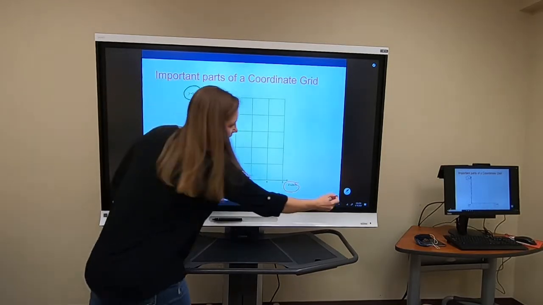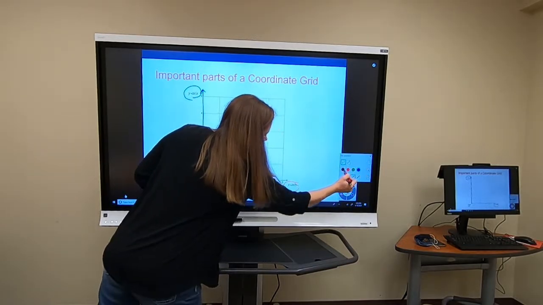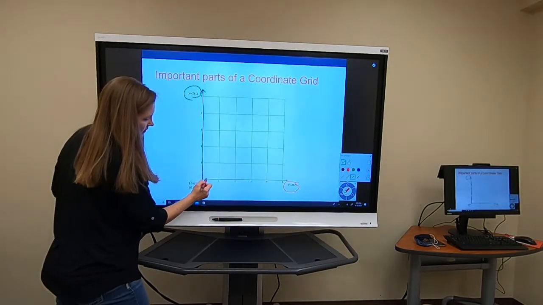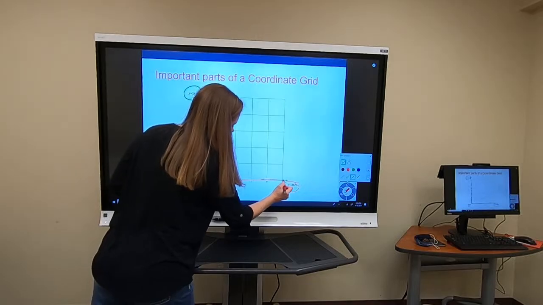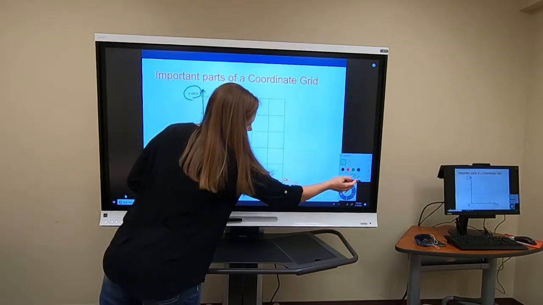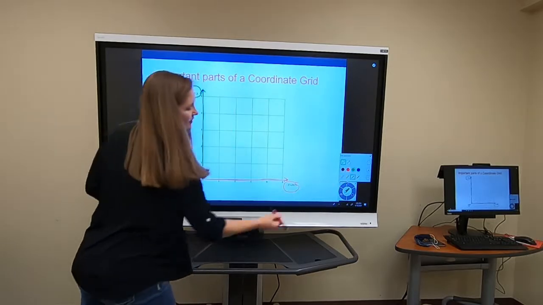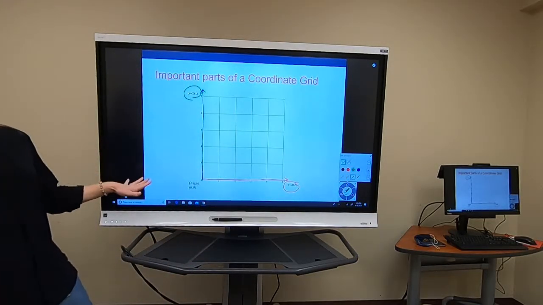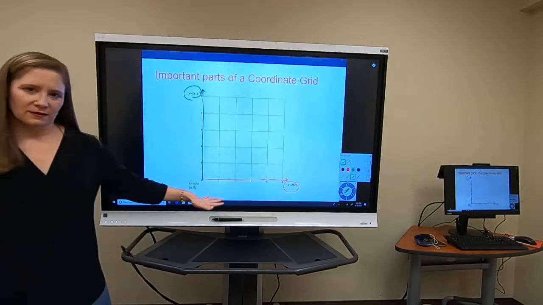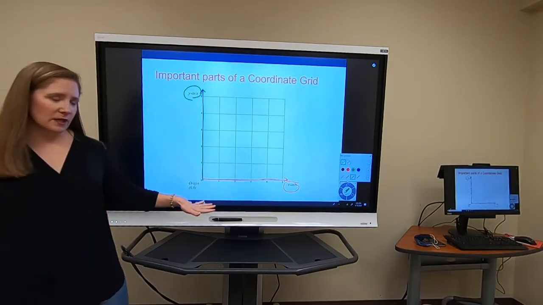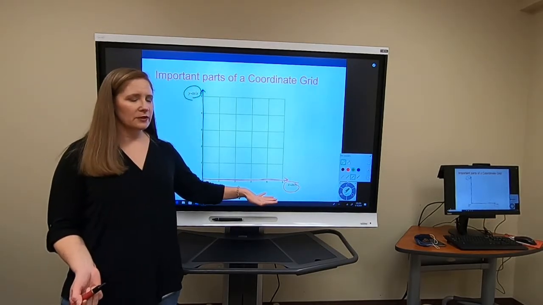Okay, and just to label it again, this one that goes across here, and I'm going to make it red, is the x-axis. Okay, now one thing I told you a minute ago is that for the x-axis, we don't just say across because we have better vocabulary than that.